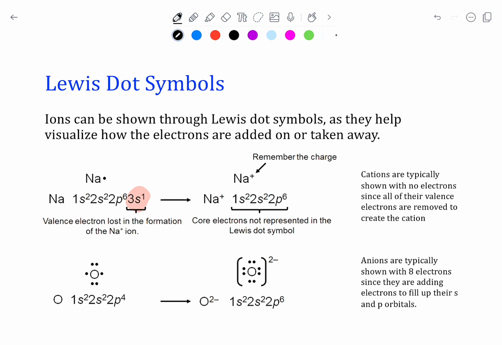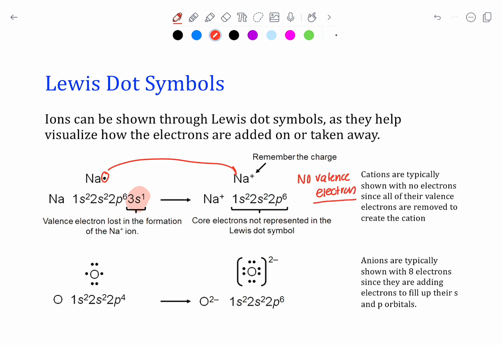If we want to make this into a cation with a 1+ charge, because elements in group 1 will form a cation with a 1+ charge, giving away their 1 valence electron, that 1 electron that's here in sodium will be removed in order to show that the electron was taken away from the element. So its Lewis dot now just becomes Na with no dots because it has no valence electrons.